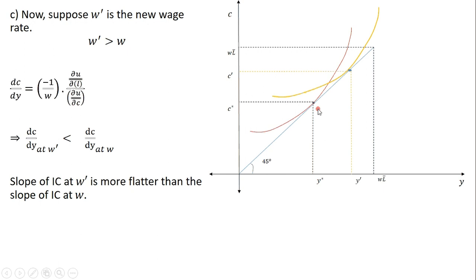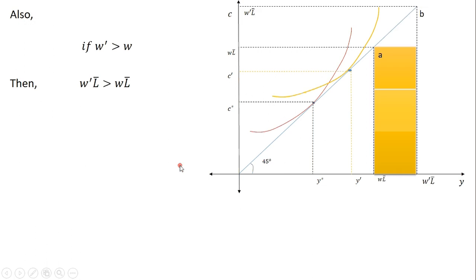And what will happen to the budget line? If W dash is strictly greater than W, that means W dash L bar is strictly greater than W L bar. If we plot this on the same graph, we get the W dash L bar and the maximum consumption W dash L bar. The area we can see is this small triangle and this yellow patch.